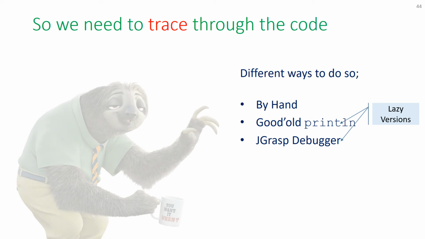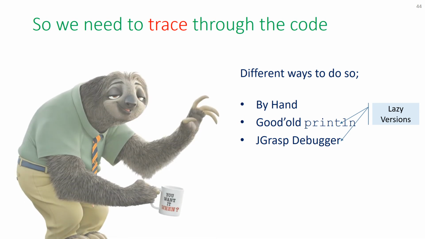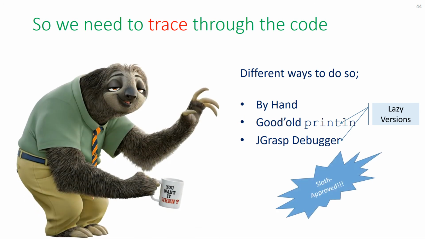And then what about those two other methods? Good old println and the jGRASP debugger, or any debugger for that matter. Well, these are the things that you are going to use when you are taking an intermediary exam or the final exam, okay? When you have 2 hours on the clock and you need to get that program to work, and you realize it's not spitting out the correct result, you need to debug.